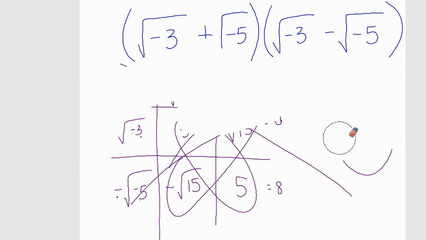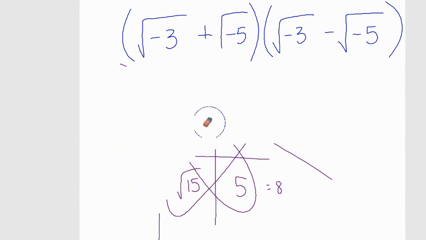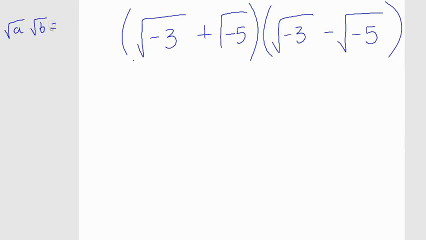Remember the rule of multiplying radicals together. This idea that square root of a times square root of b equals the square root of a times b only applies to positive integers. All of these are negative, which means we're going to have to go to the complex world for this.